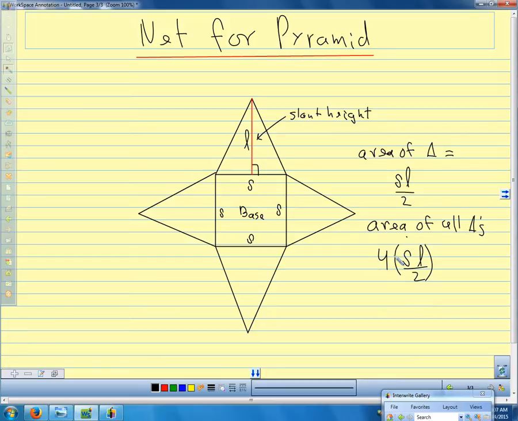If I add 4 S's together, what do I get for the base? 4S, which is this side plus this side plus this side plus that side. When I add all the sides together, what is that? The perimeter. So this equals the perimeter of the base times L, divided by 2.